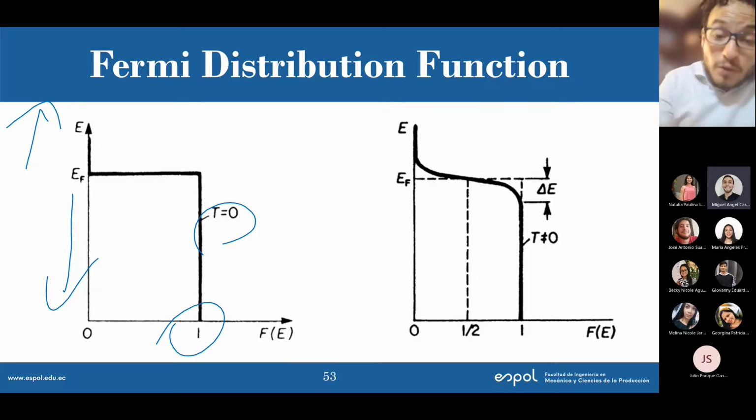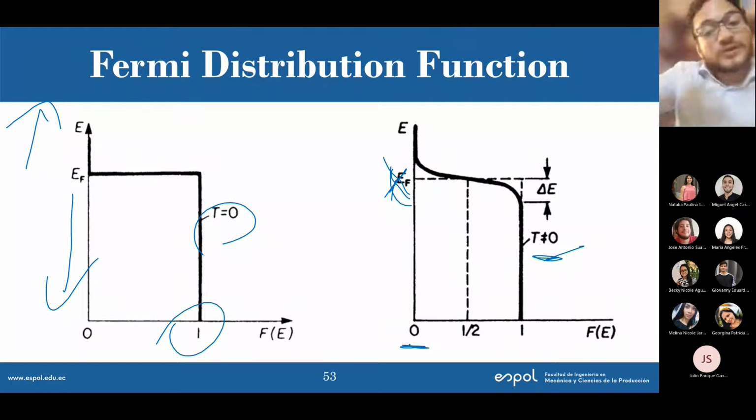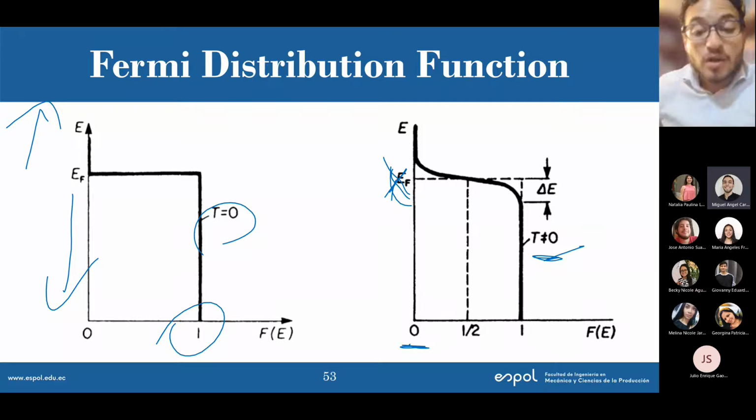Now, if you use different values of T, so for T not equal to 0, just forget about this value, okay? Just forget about the Fermi energy now. Just plot the graph E versus f of E, and obviously it's going to change, right? As I increase my energy level, my probability is going to go towards 0, whereas if I decrease my energy level, my probability is going to go towards 1.